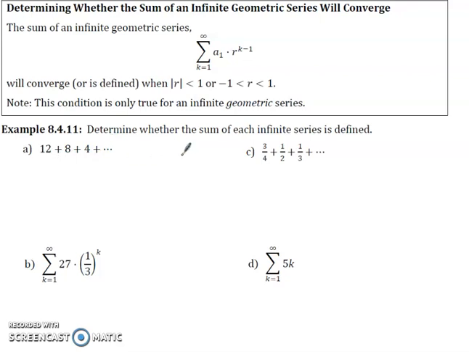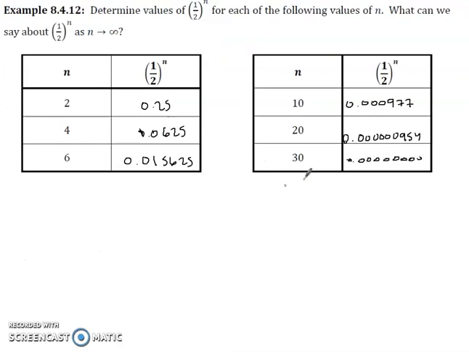Because eventually we're going to be adding numbers that are so small, they're not going to be making a significant enough difference to the value of our series. Now this only works in cases such as this one, where as we increase our exponent, the values that we are adding are decreasing.